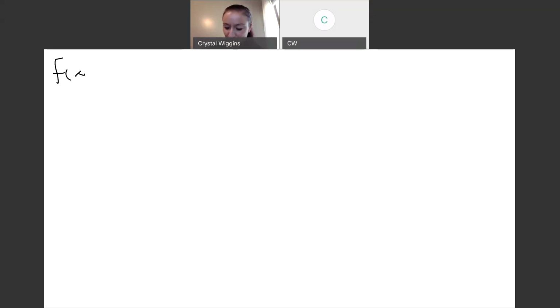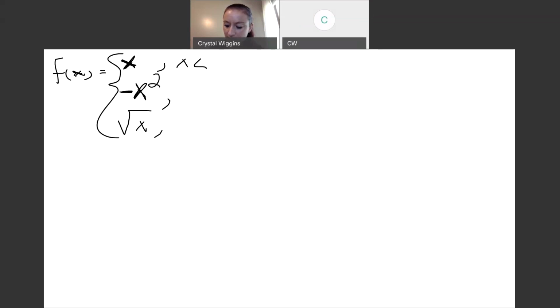So we're looking at a function, and we have x, negative x squared and square root of x, and our restrictions. This is when x is less than -1. This is when x is between -1 and 0, and this is when x is greater than 0.